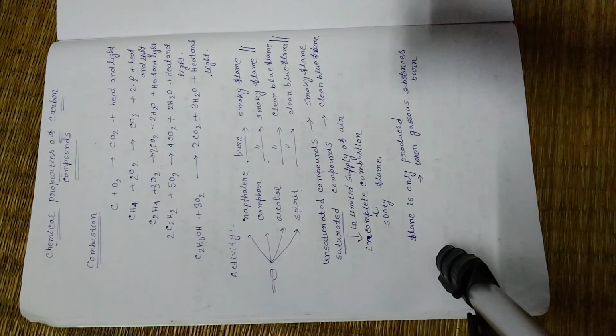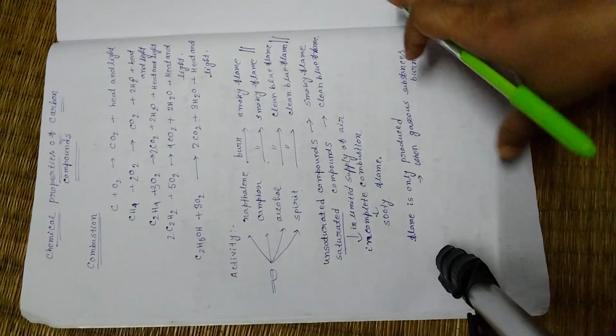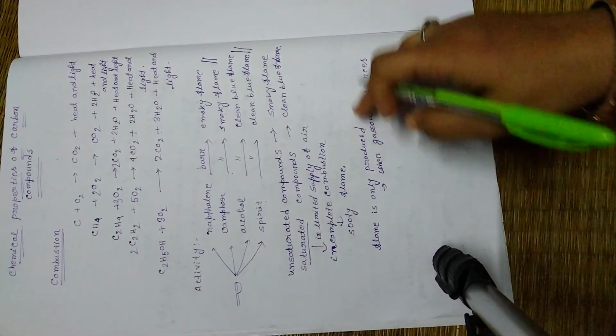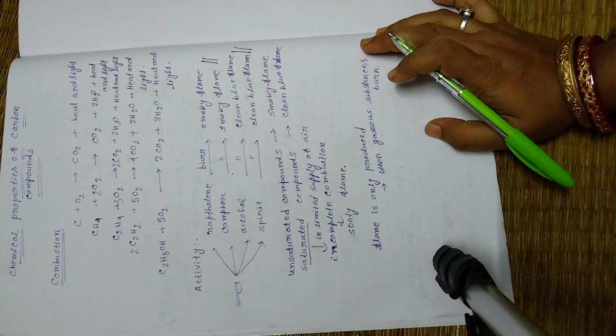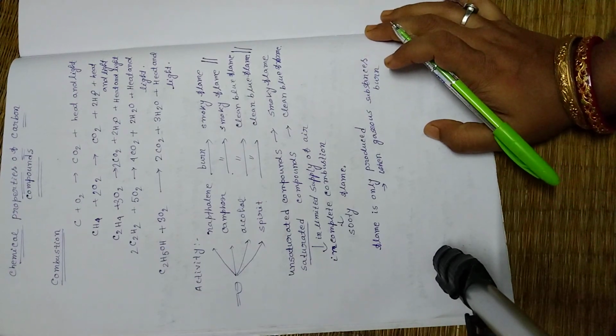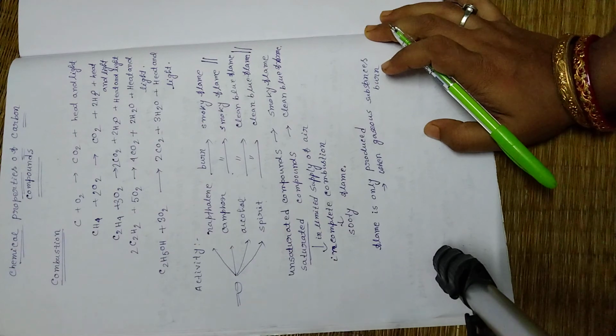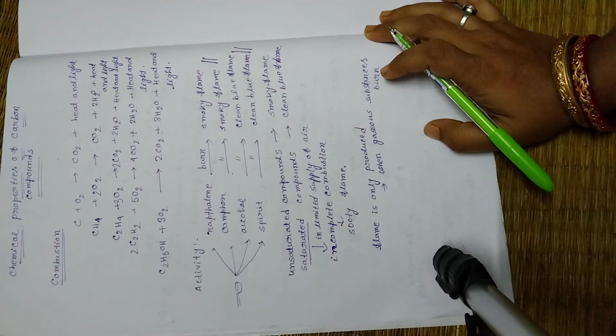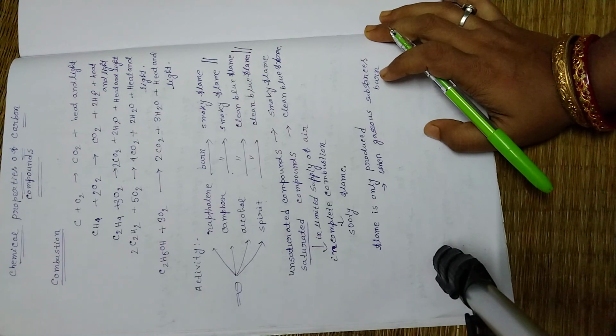Okay, next you must remember that flame is only produced when gaseous substances burn. So when wood or charcoal is ignited, the volatile substances present in the wood or charcoal get vaporized and burn with a flame in the beginning.